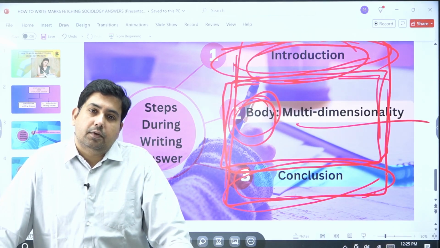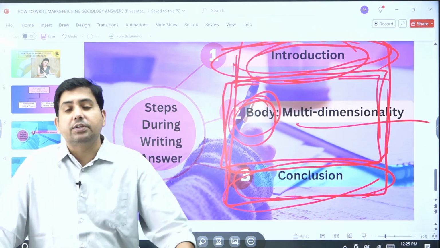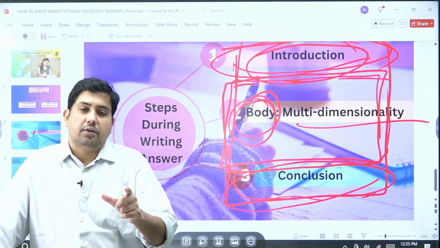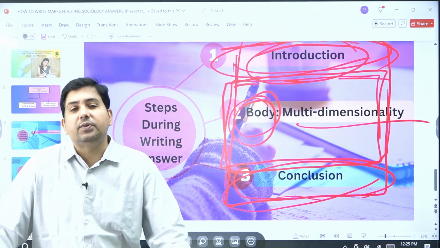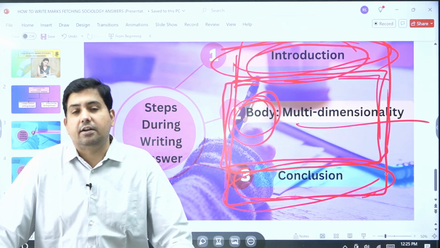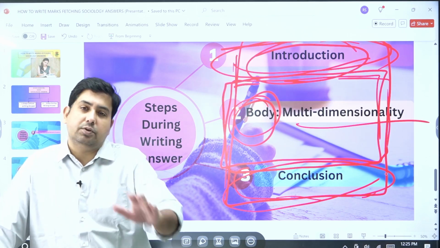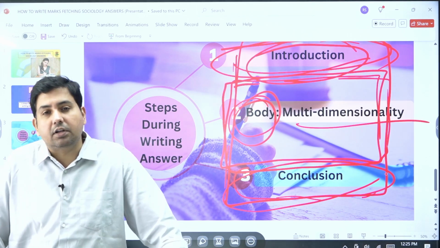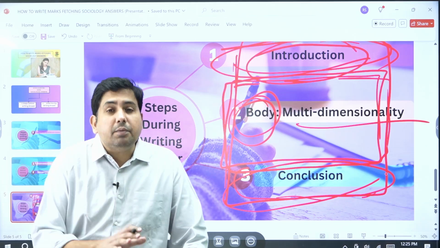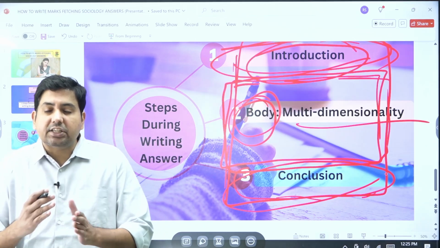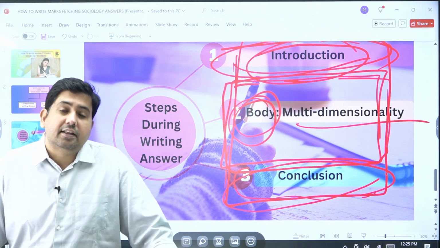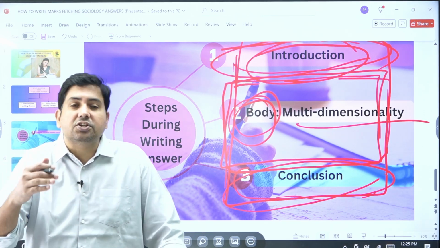Okay, with data you can also start in the intro, to set the question in one particular direction. So that's why this answer writing is called an art. It depends completely on you how you present your answer. Okay? Anyway, now in this body part there should be seamless integration of sociological thinkers; don't just list the names.